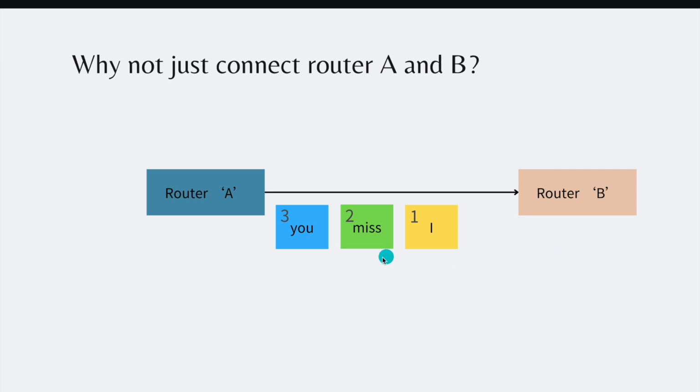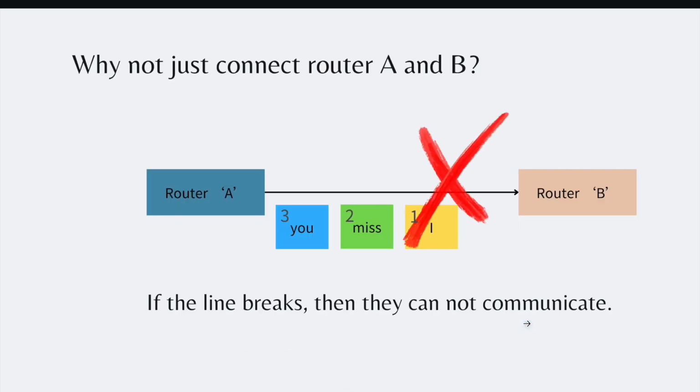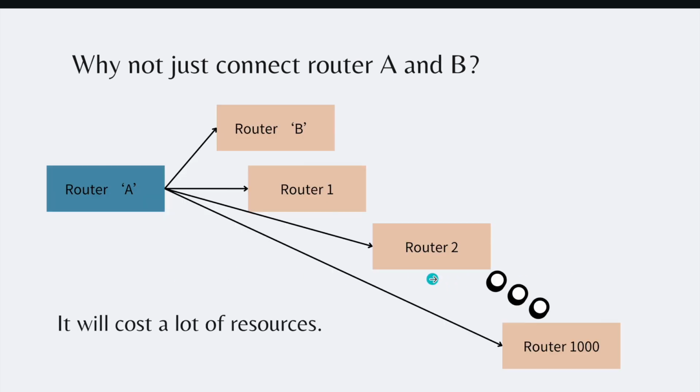But why not just connect router A and B by one line? Why does the data need to go through so many routers? The first reason is if router A and B are just connected by one line and this line breaks, then router A and B cannot communicate anymore.